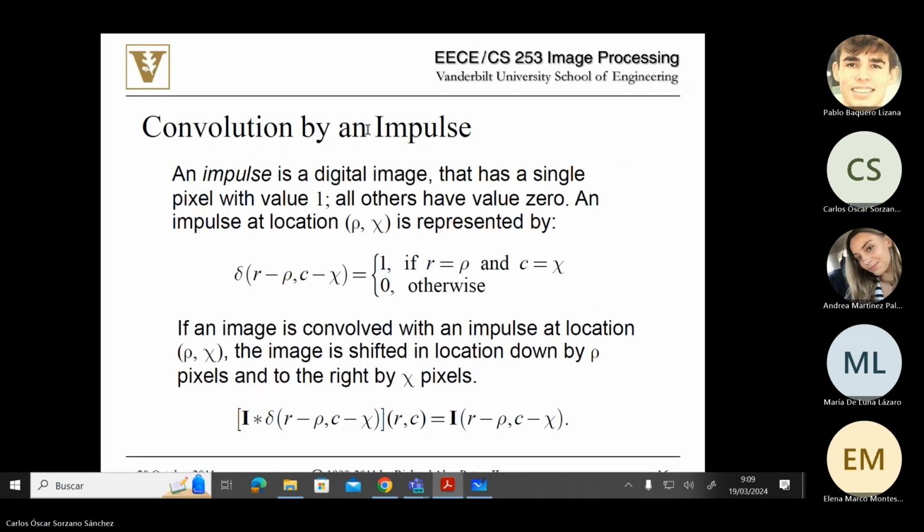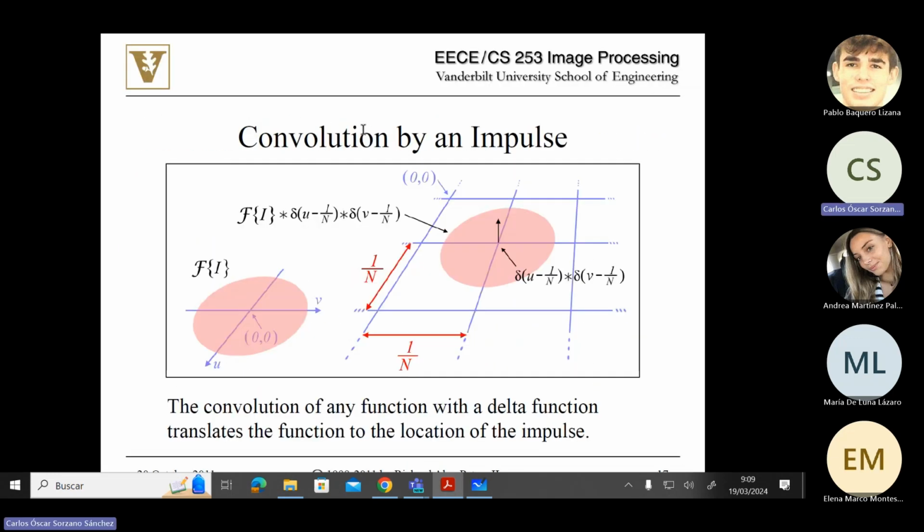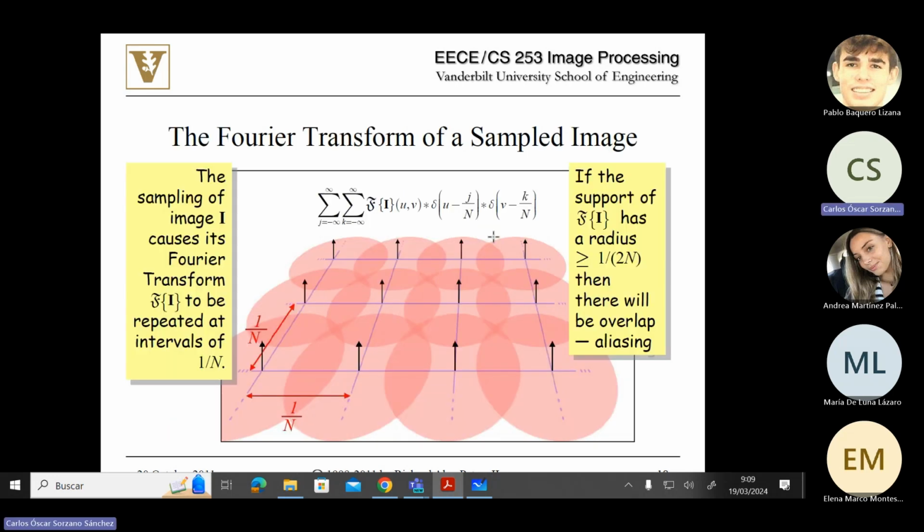When we convolve this spectrum with this delta, you have to replicate the spectrum at the location of the delta. And because you have many deltas, separated by 1 over n, you are taking this spectrum and moving it everywhere. This spectrum is enlarged because of the downsampling.